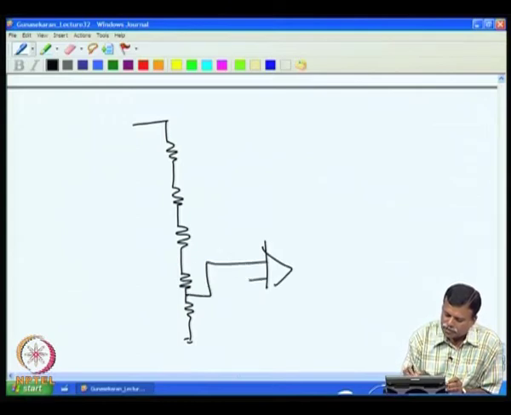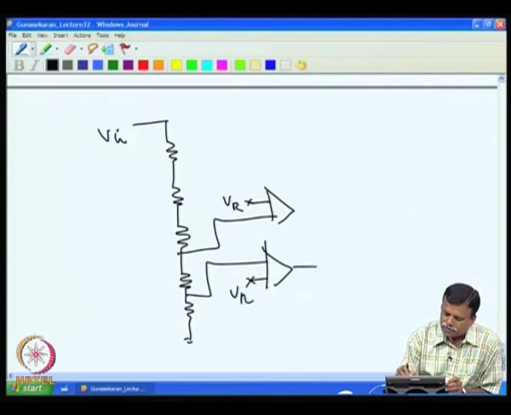So, we have a reference, we have V input here, and then we give this one to the second one, and then we have a V reference here, V reference here. So, we have so many comparators and so many reference voltages. This is again given to V reference.